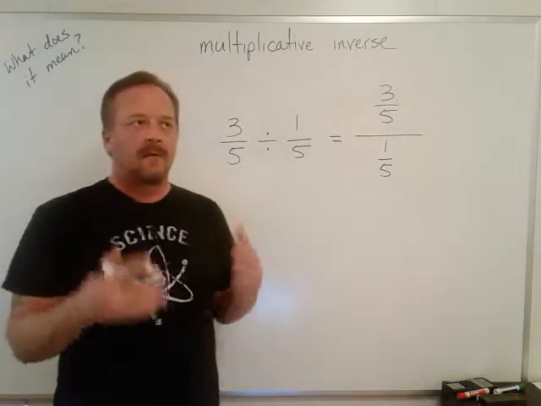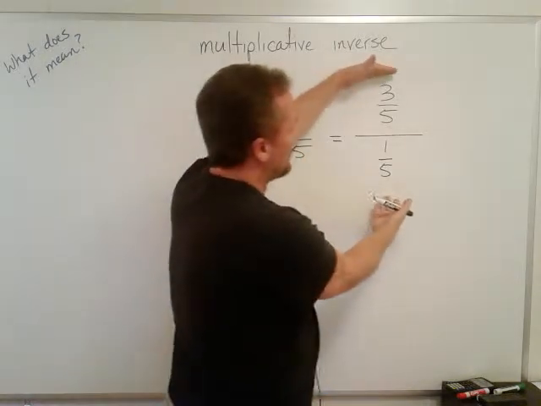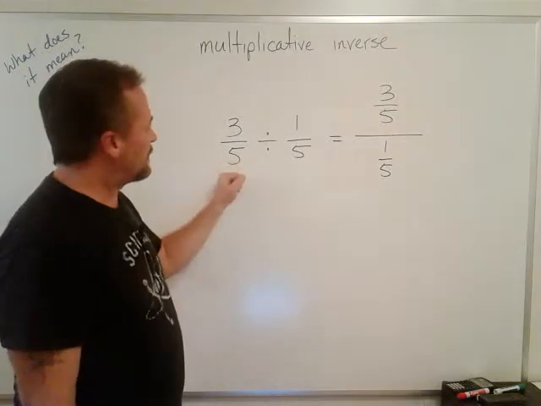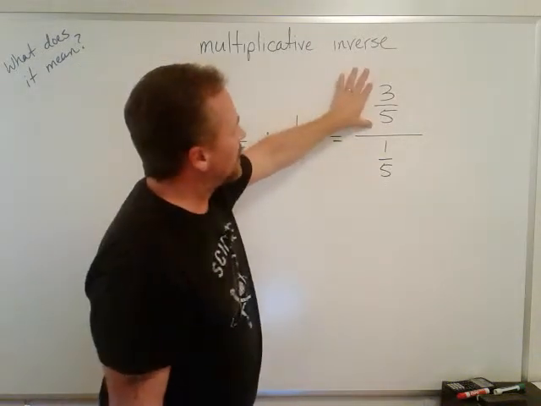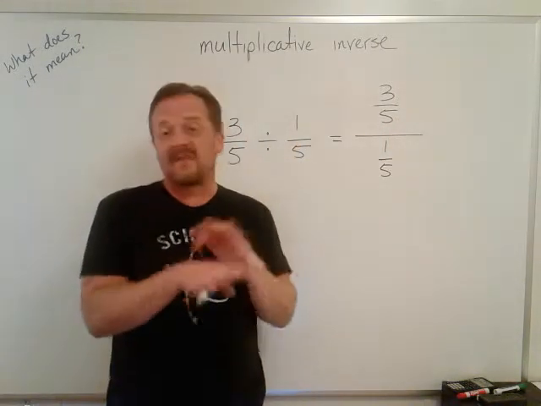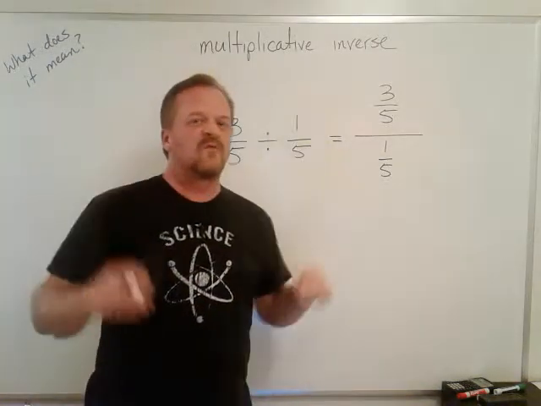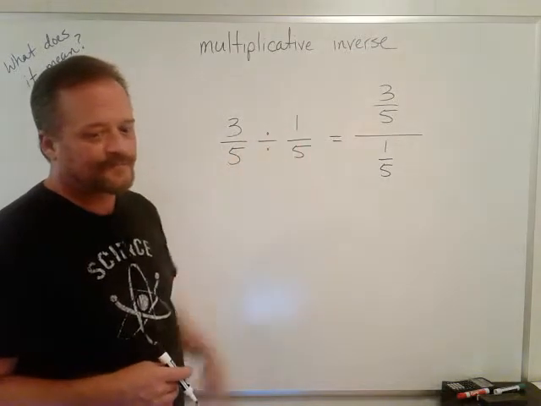Before we go on, I want you to make sure you're okay with the fact that this and this tell the exact same story. 3/5 divided by 1/5. This one, 3/5 divided by 1/5. Okay, they mean the same thing. Nothing tricky, nothing algebraic really about it, but just know that they mean the same thing.